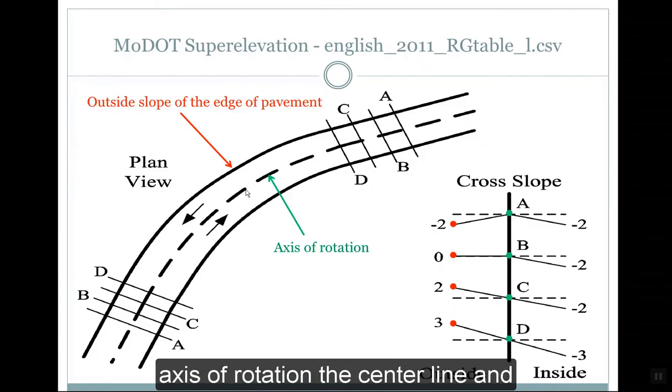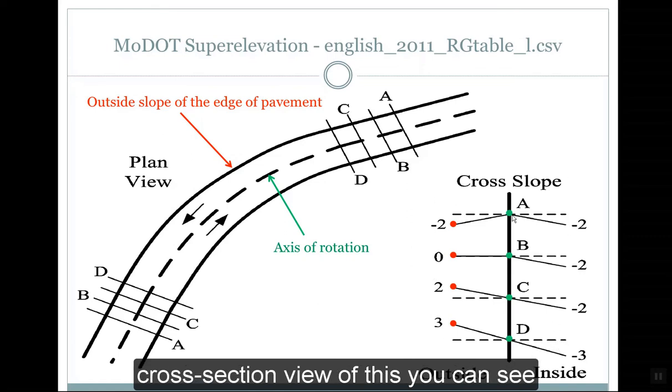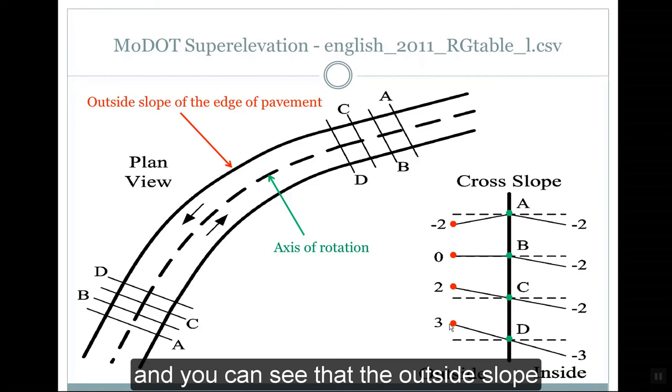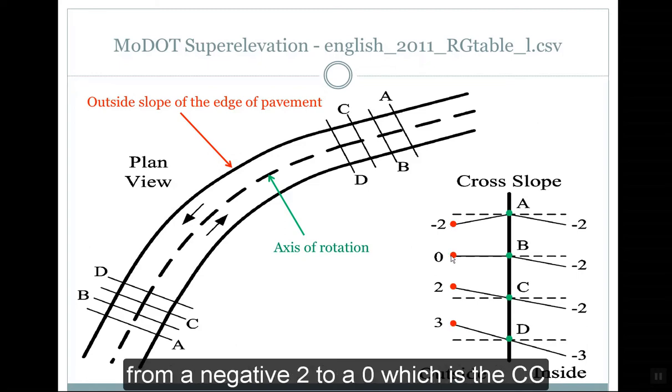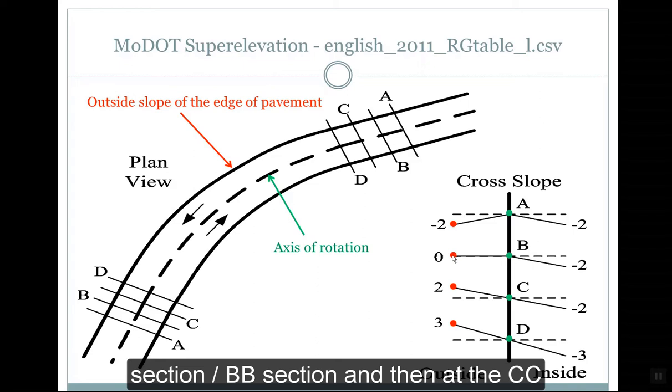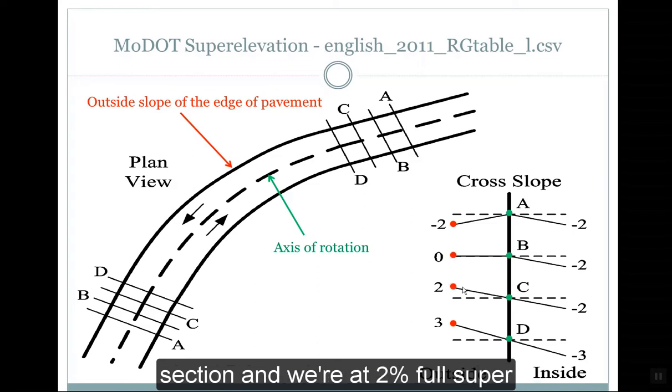So if this is the axis of rotation, the center line, and this is the outside slope of the edge of pavement, if you look at a cross-section view of this, you can see that the axis of rotation is staying at the same elevation in this example, and you can see that the outside slope of the edge of pavement is going from a -2 to a 0, which is the BB section, and then at the CC section we're at 2% full super.